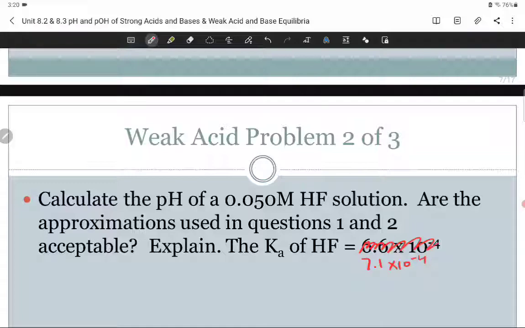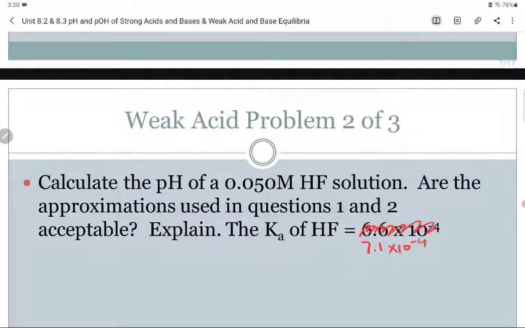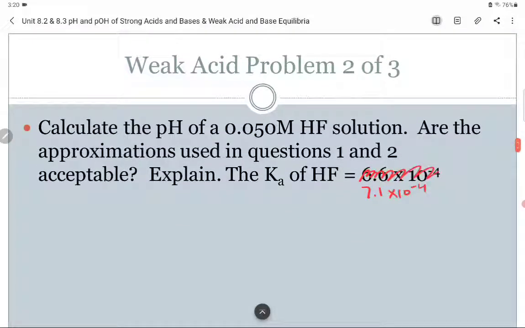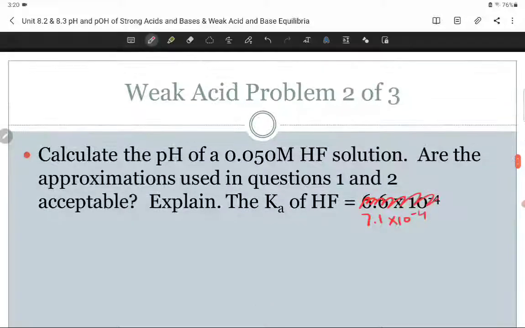So let's keep using that as our Ka value. The only difference is that it's 0.05 at the bottom this time, and when we go and solve for x, it would give us 5.96 times 10 to the negative third.